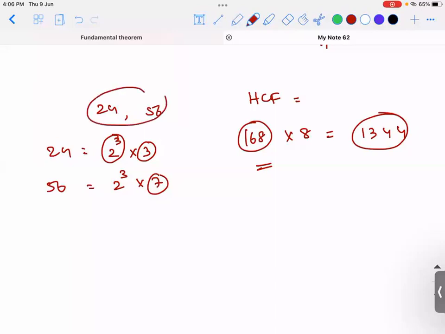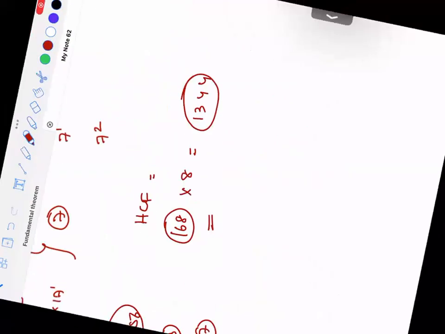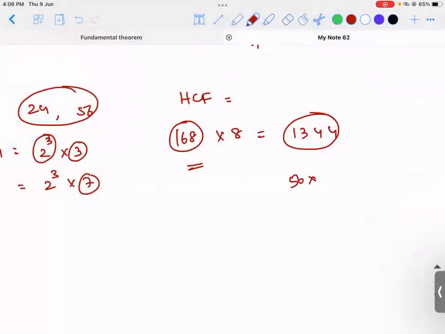Now do 56 into 24 and find out. Is it working?